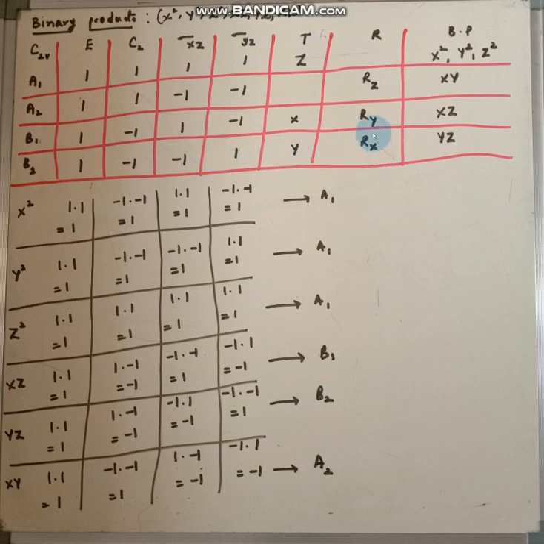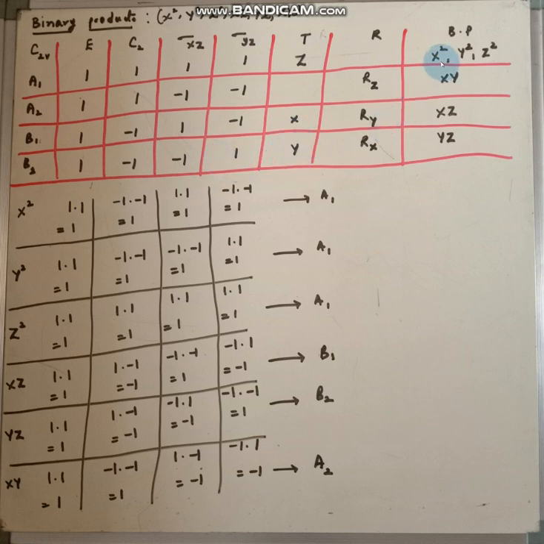Similarly, in the earlier videos I discussed translation vectors also. 1, 1, 1, 1 corresponds to translation z. 1, minus 1, 1, minus 1 corresponds to translation x. 1, minus 1, minus 1, 1 corresponds to translation y.